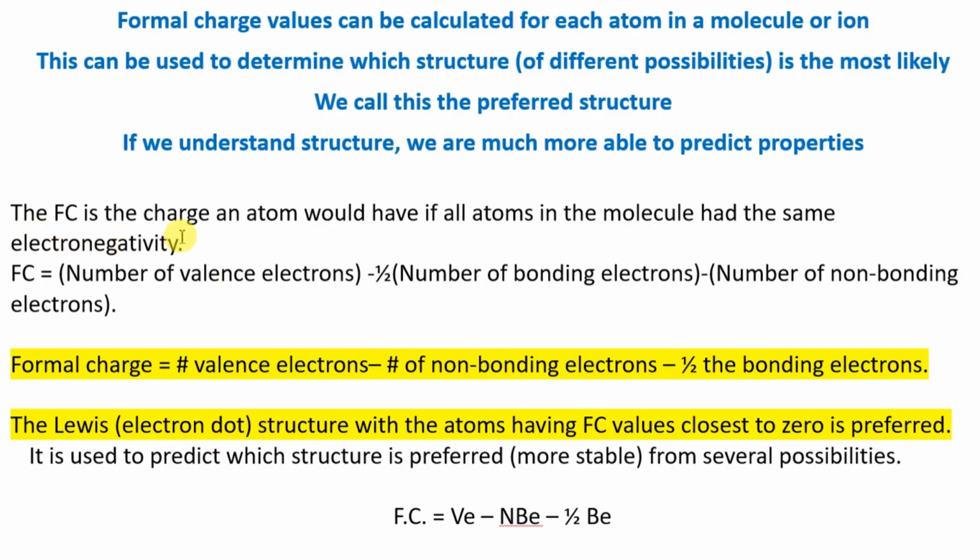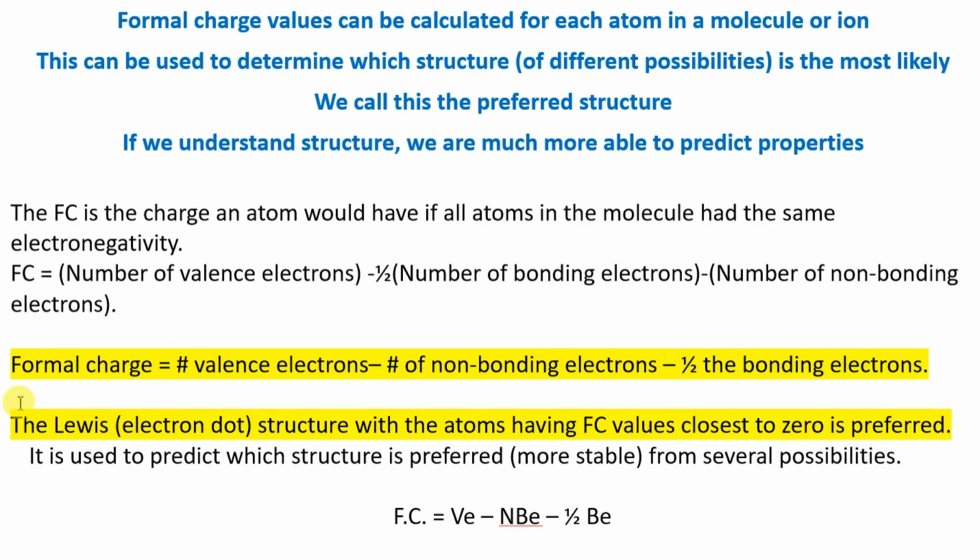The formal charge is the charge an atom would have if all atoms in the molecule had the same electronegativity. An equation. Formal charge is the number of valence electrons minus half the number of bonding electrons minus the number of non-bonding electrons.